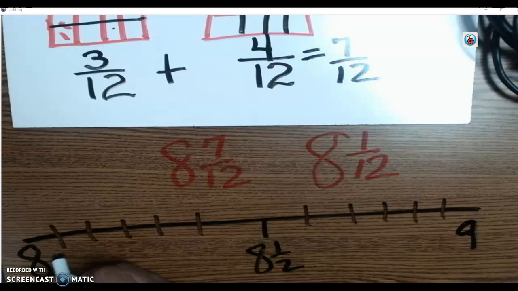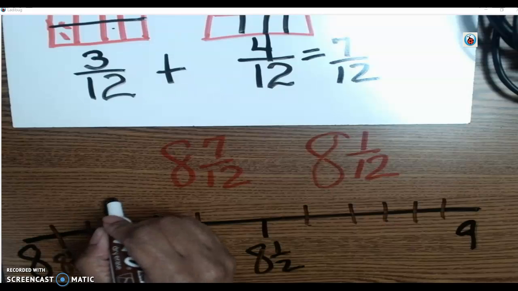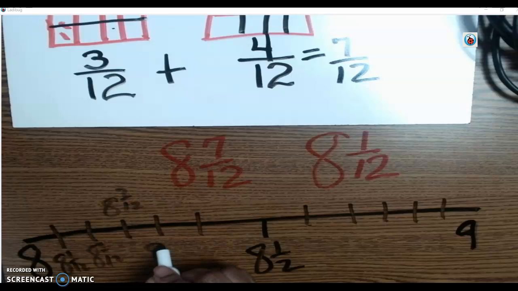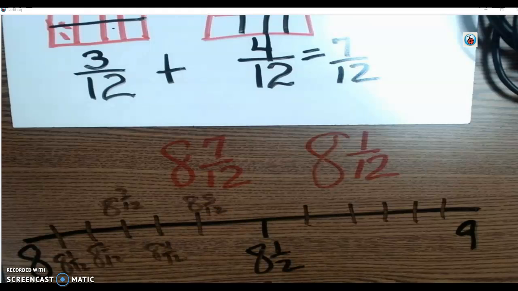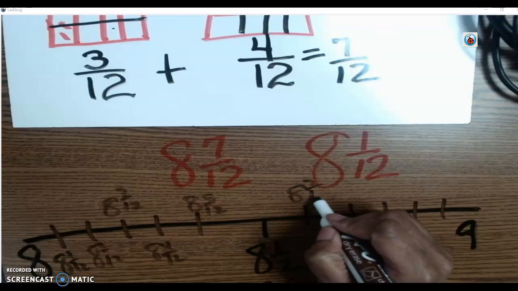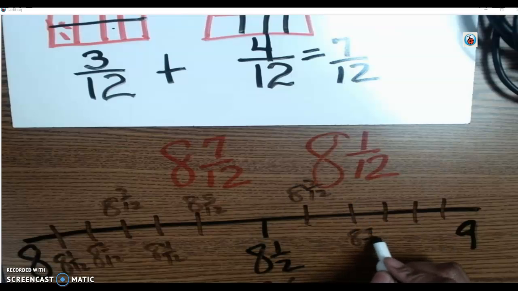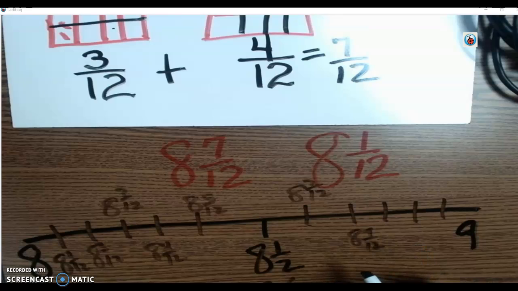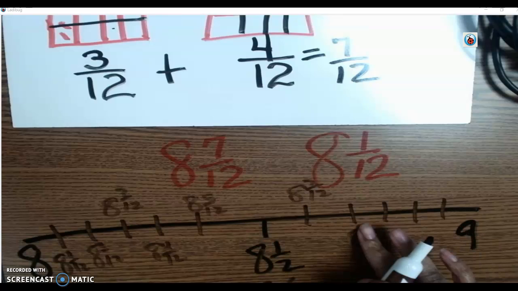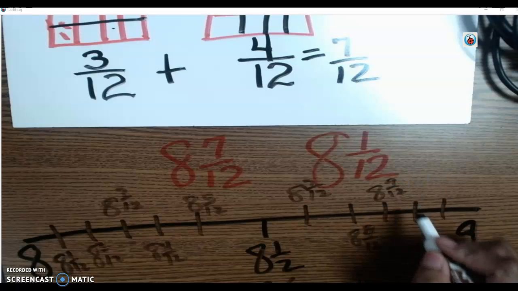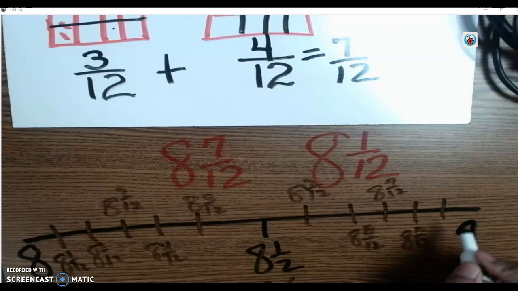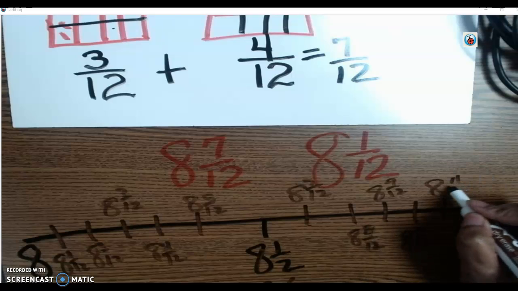And so now I have 8 and 1 twelfth, 8 and 2 twelfths, 8 and 3 twelfths, 8 and 4 twelfths, 8 and 5 twelfths, 8 and 6 twelfths, 8 and 7 twelfths, 8 and 8 twelfths, 8 and 9 twelfths, 8 and 10 twelfths, 8 and 11 twelfths.